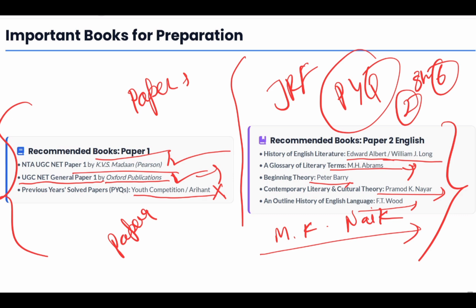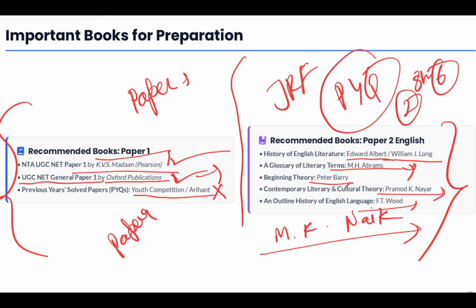Then revision is the key. So I kept revising important authors, works, chronology, and there is no magical formula. There is no magical formula like read this one book and you can qualify. The UGC NET syllabus is an ocean, and it is your duty to extract important information from this ocean.